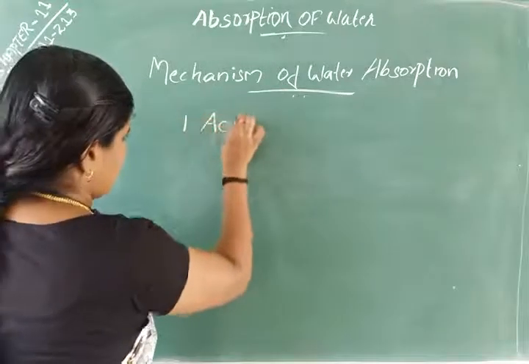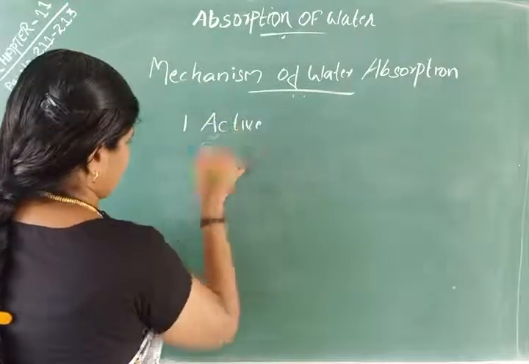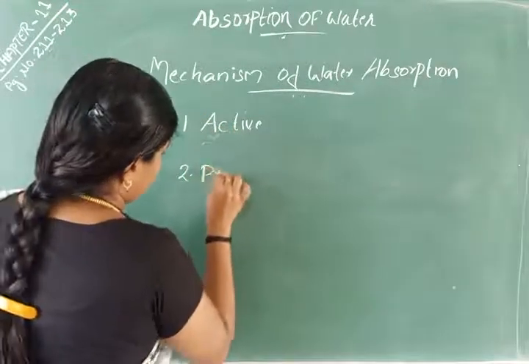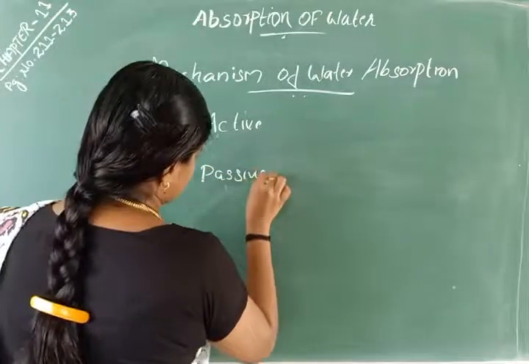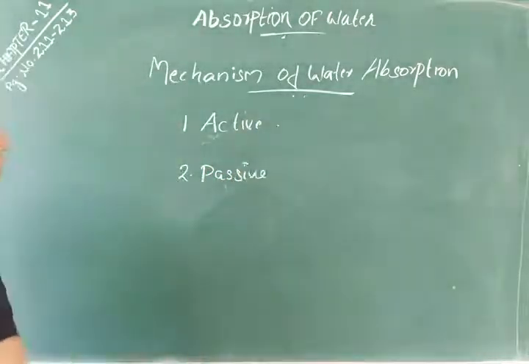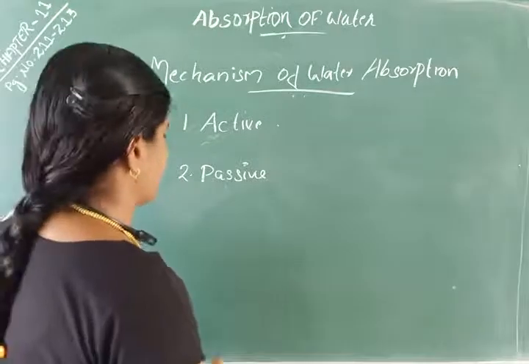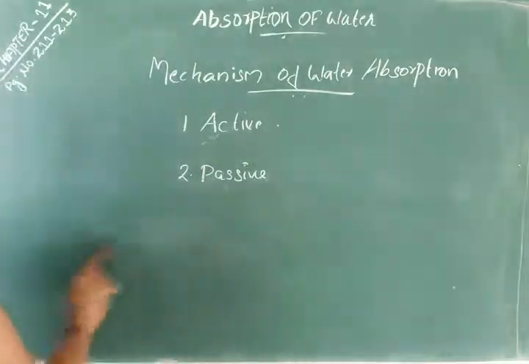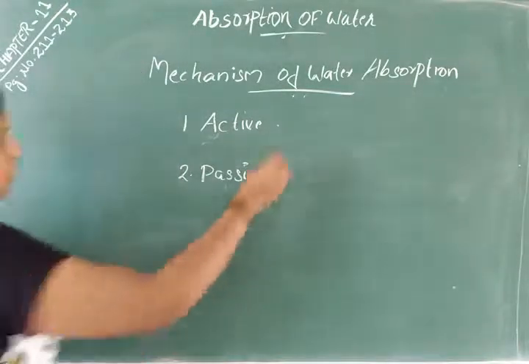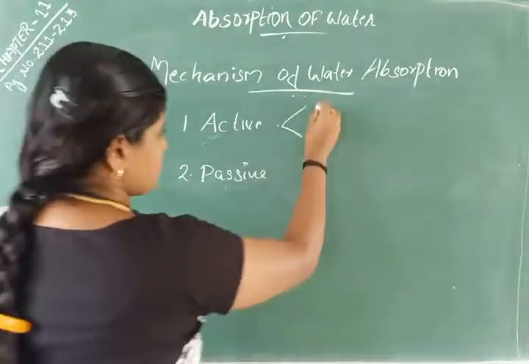First one, active transport. Second one, passive transport. Active transport means with the expenditure of ATP, whereas passive means without utilizing any energy. Active absorption is of two types, osmotic absorption and non-osmotic absorption.